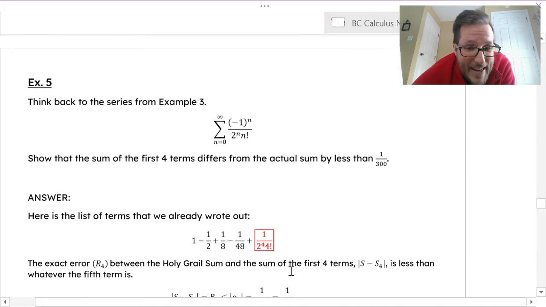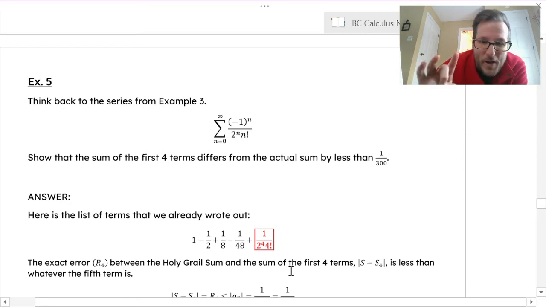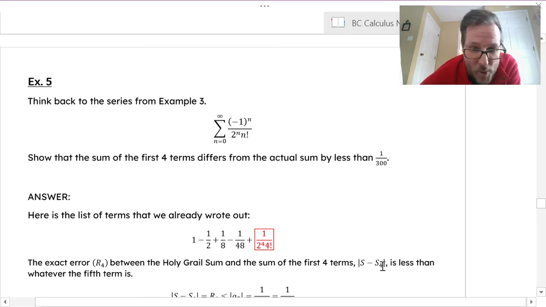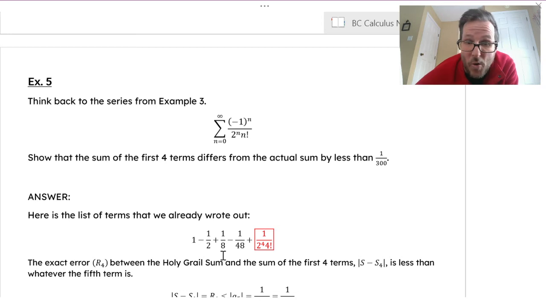So the exact error between the real sum, the holy grail sum S, and the sum of the first 4 terms, S sub 4, the absolute value of S minus S sub 4, which is this R sub 4, the exact remainder after 4 terms are added, is less than that first unused term, which is 1 over 384.